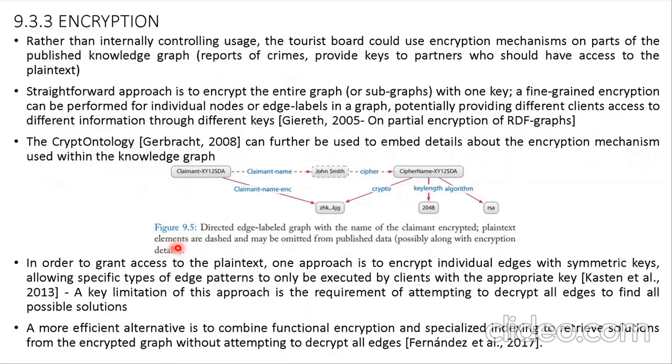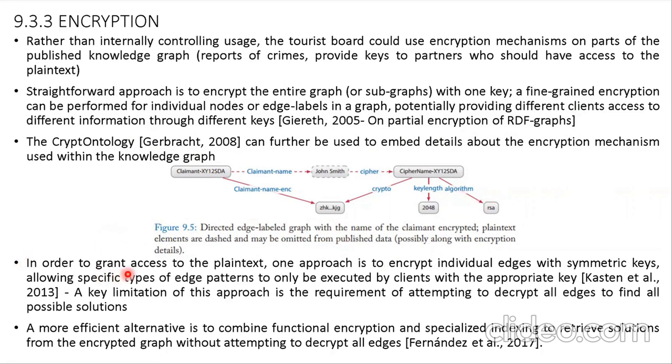Here, figure 9.5 illustrates how this could be used to encrypt the name of a claimant, storing it in the ciphertext, for example, this ciphertext, as well as the key length and the encryption algorithm used.